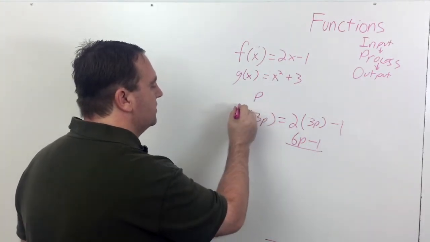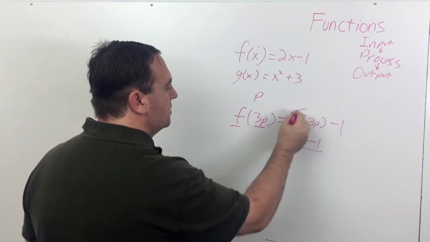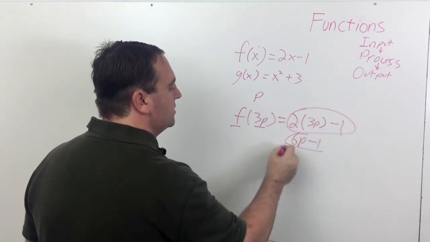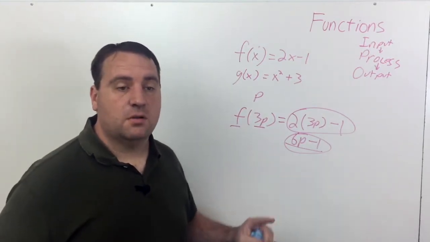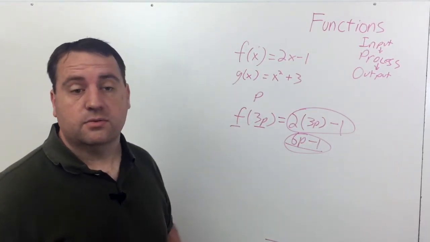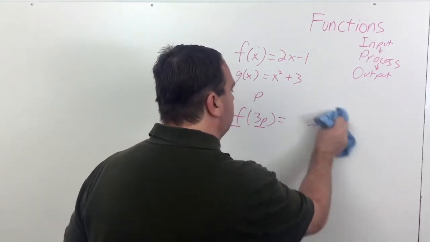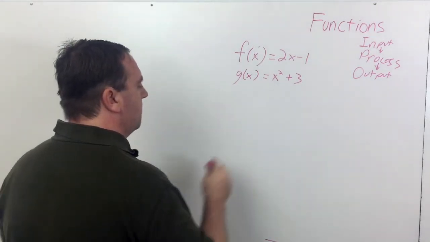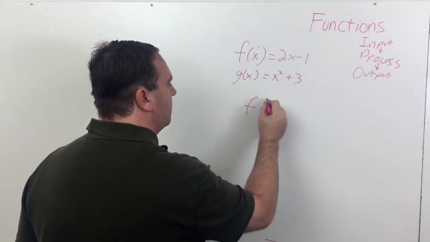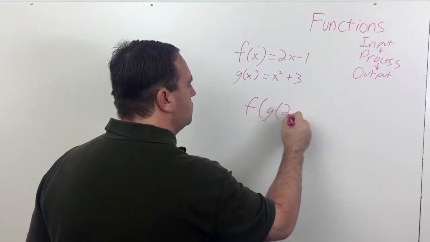So this is our machine, this is our input, this is our processing, and this is our output. So here, if your input to a machine includes a variable, your output is likely to include one as well. Okay, and we can make this even more complicated. We can say, what is F of G of 2P?